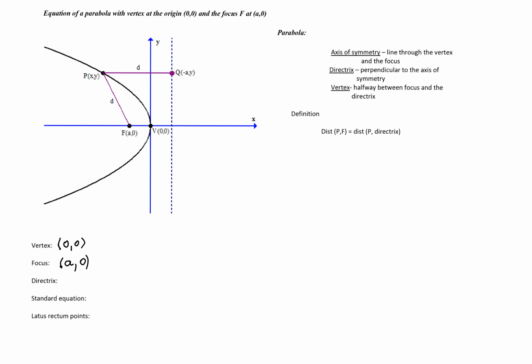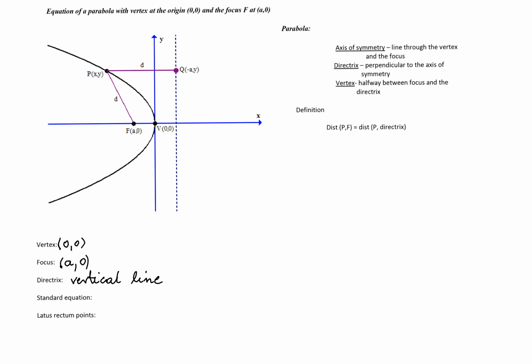And since the directrix is perpendicular to the axis of symmetry, the directrix is a vertical line. What is the equation of the directrix? We know that the vertex is halfway between the focus and the directrix. So if the distance between the focus and the vertex is the absolute value of a, because the coordinates of the point F are (a, 0), then the distance between the vertex and the directrix is also the absolute value of a.